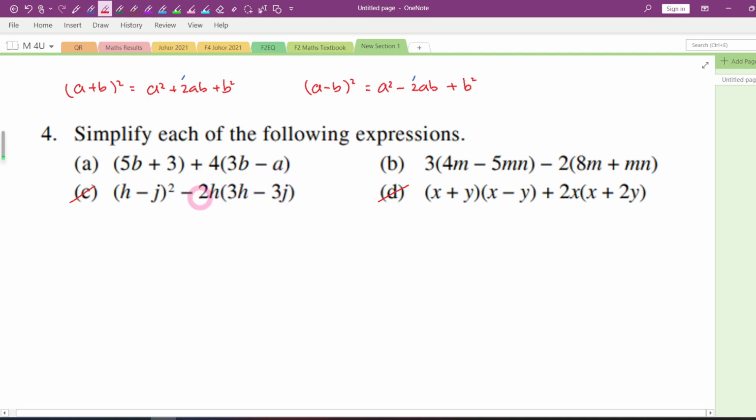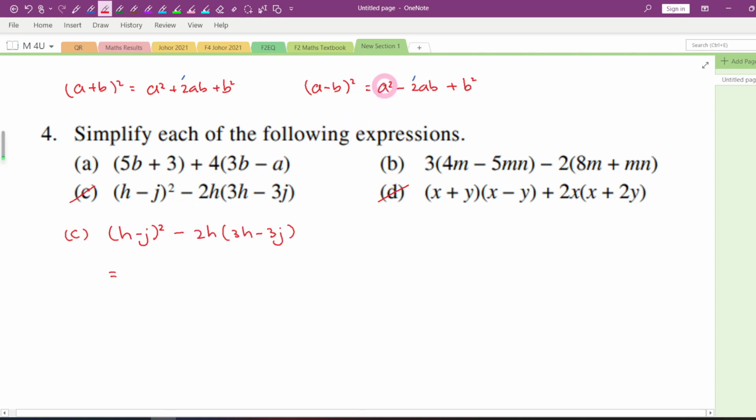Now this looks more complicated, right? Let me show you here. C: (h minus j) squared minus 2h times (3h minus 3j). So here I'm going to use the formula. As I told you, if you forget this formula, you can do the expansion one by one.